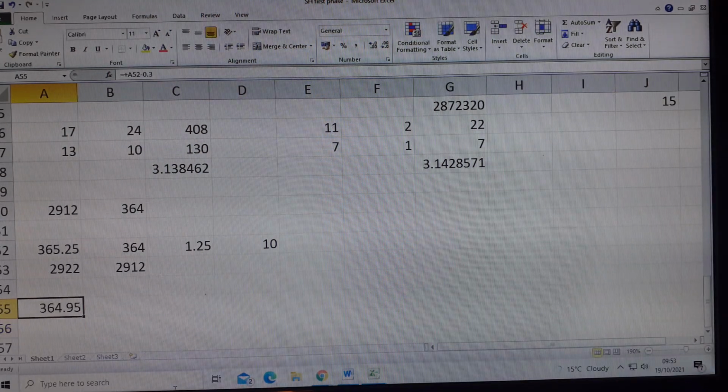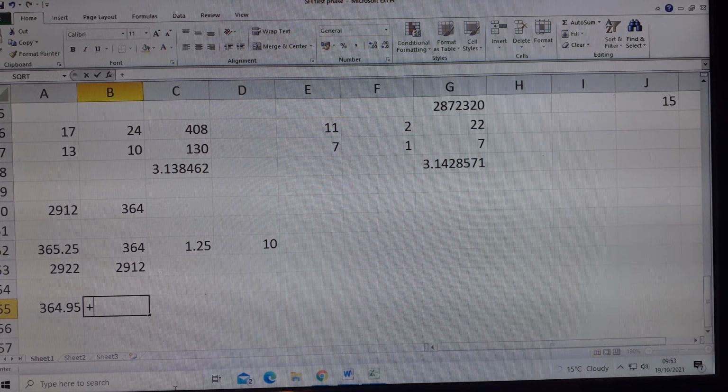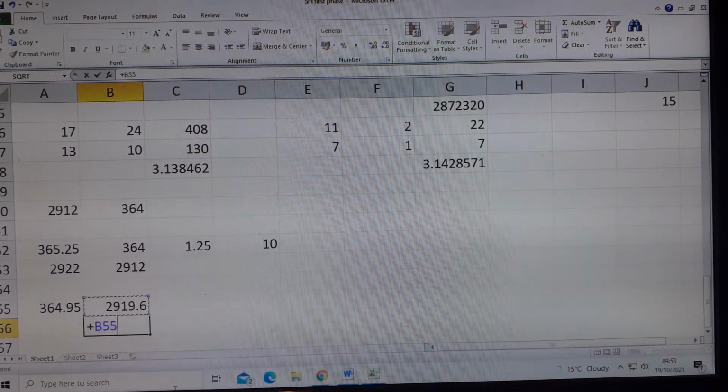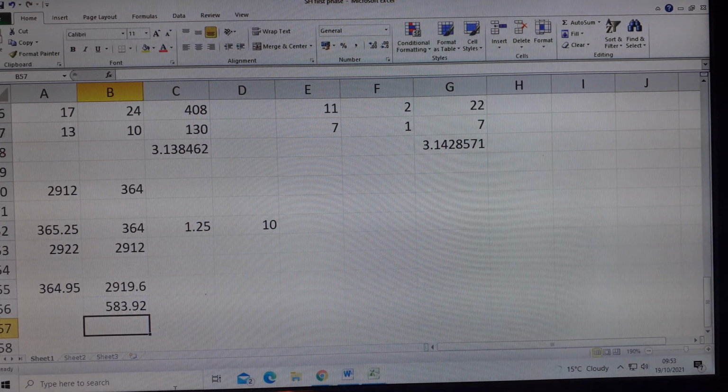So the Venus cycle was that, 2919.6, and we can divide that by 5. And that's what they had as the Venus cycle that they were counting, 583.92 days. That's the same as what the Mayans were doing. They were doing exactly the same thing at Stonehenge.